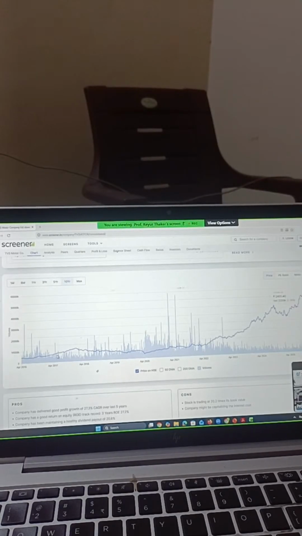So somebody who put in 300 per share, today has 10x. You can see how elegant the wealth creation chart of this company is. If someone had put in 100 rupees here, how much would they have now? 1000.